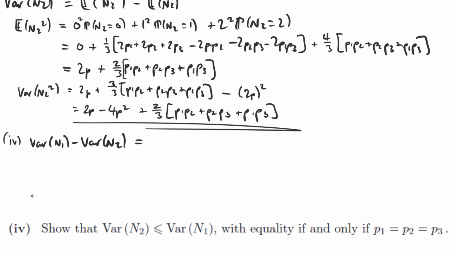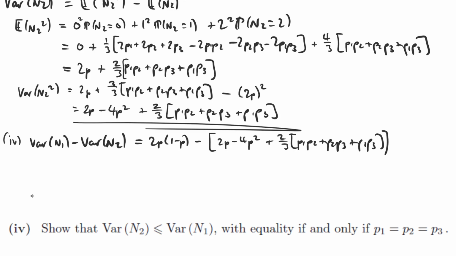So let's just write down what this is. The variance of n1 was 2p1 minus p, and the variance of n2 is 2p minus 4p squared plus 2/3 times p1 p2 plus p2 p3 plus p1 p3.